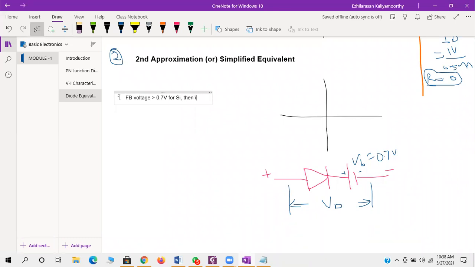Then it conducts and offers zero resistance.